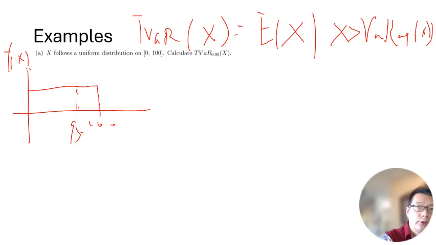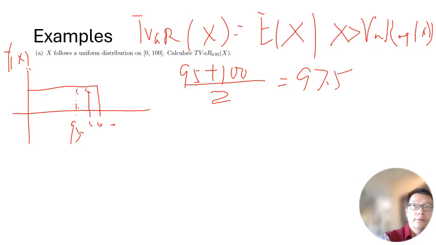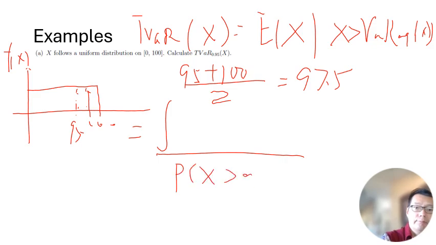Since it is a uniform distribution, we could easily say 97.5, because 95 is the lowest, 100 is the highest, and because of the uniform distribution, you can just average them together, so 97.5. Or if you want to use the formula, the denominator is the probability of x greater than 95.